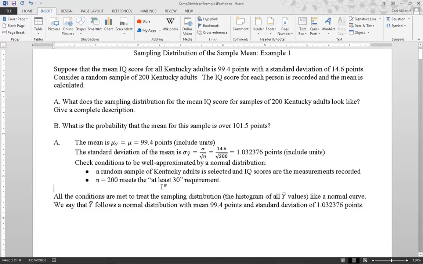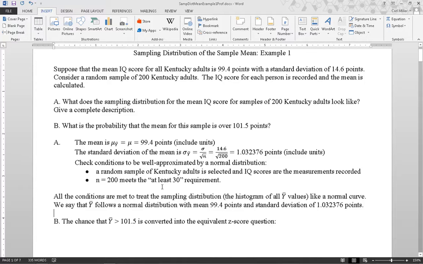All the conditions are met to treat the sampling distribution, or the histogram of all possible y bar values, like a normal curve. We say that y bar follows a normal distribution with mean 99.4 points and standard deviation 1.032376 points.